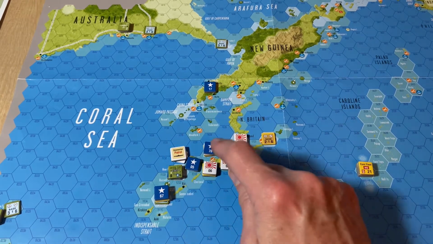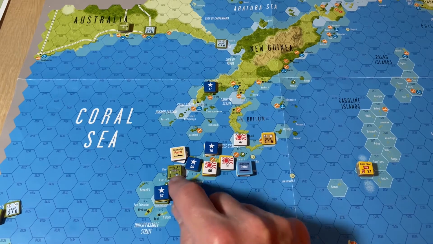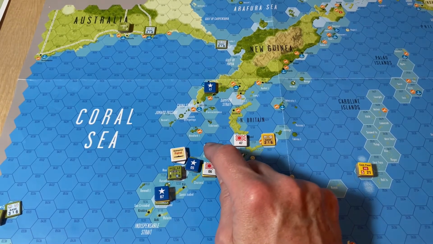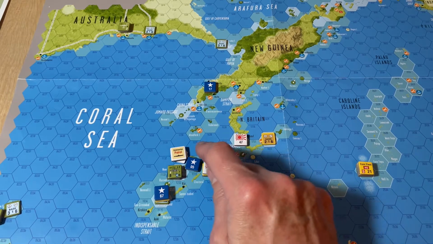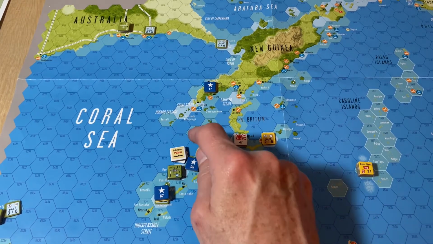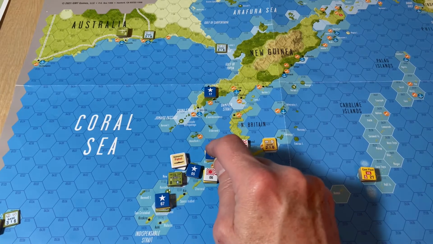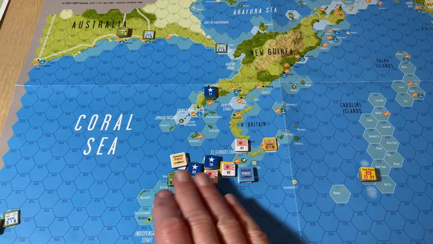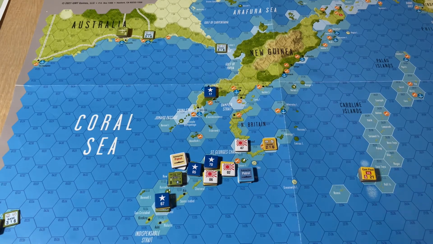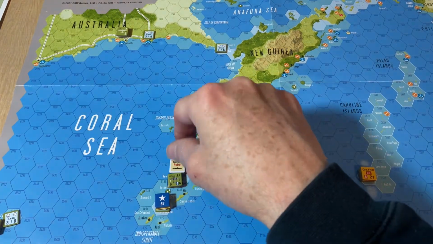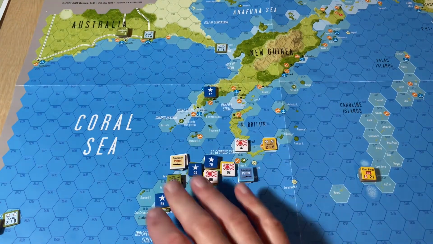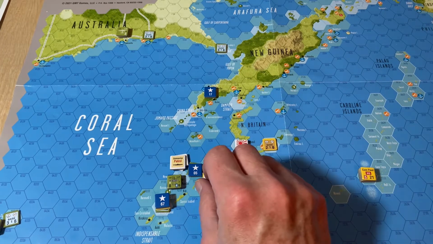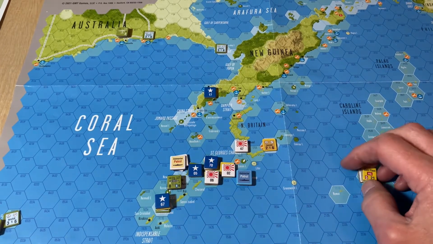Same goes vice versa. This is more important, that the Allied has an F-type unit here, because Japanese have F here, and technically all these hexes within 2 of this hex would be blocked off for any kind of supply chain for being linked. So that's what you need to think about in terms of supply. Those F units are invaluable on both sides.